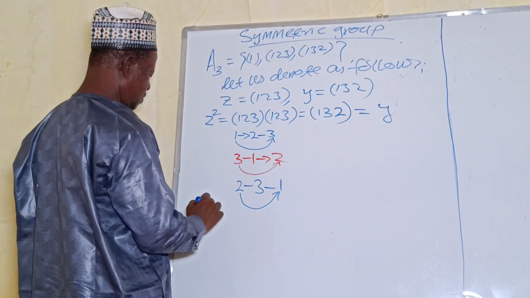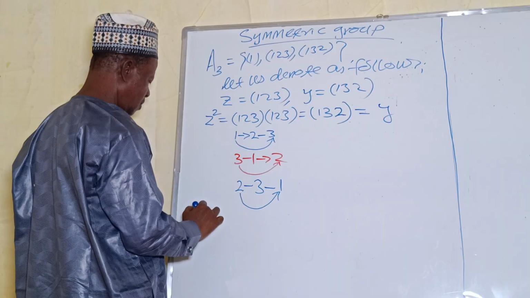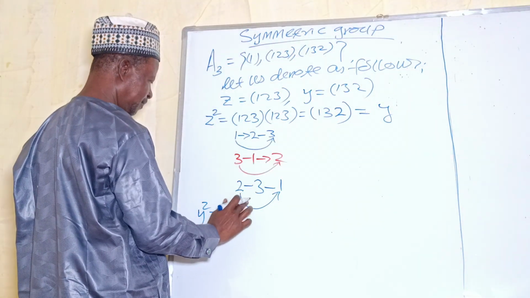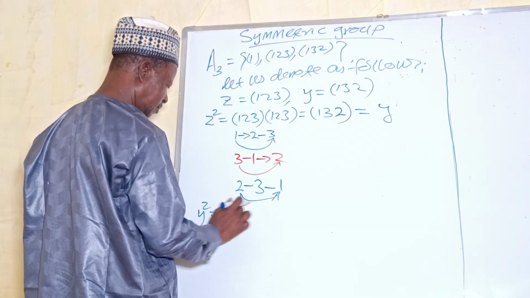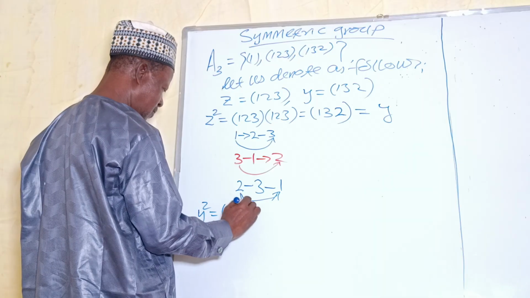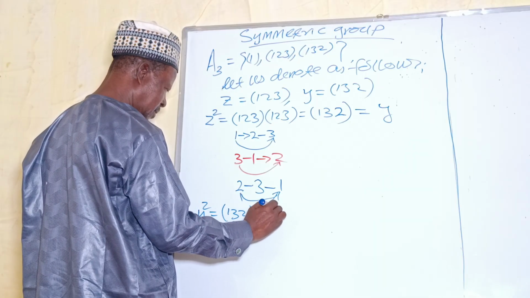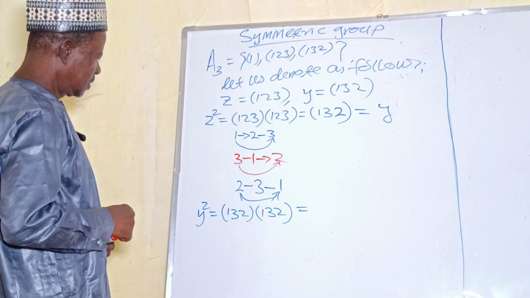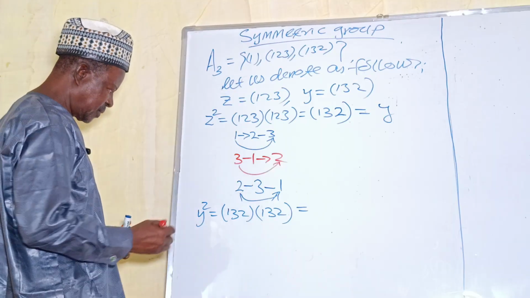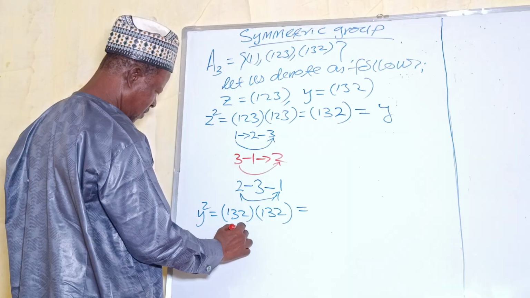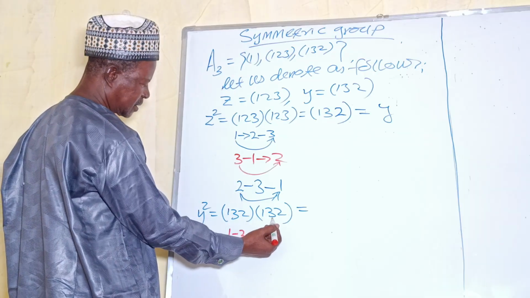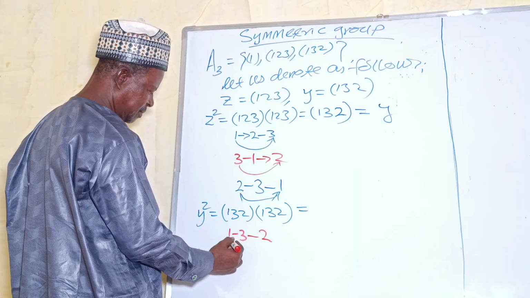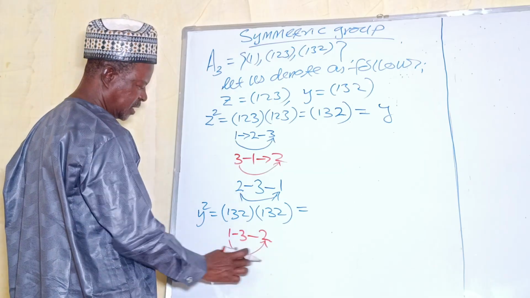So let us see what Y squared is now. Y squared is going to be (1 3 2) times another (1 3 2). Now let us do our computation. 1 is mapped onto 3 in the first cycle, and 3 is mapped onto 2 in the second cycle. So ultimately, 1 is mapped onto 2.